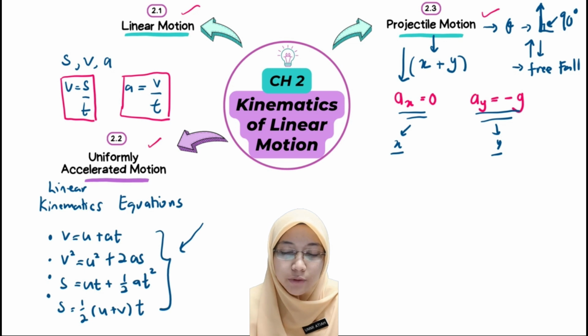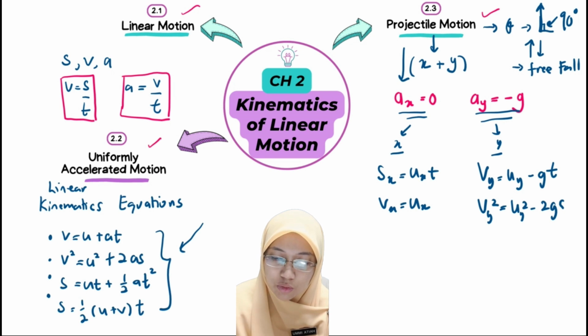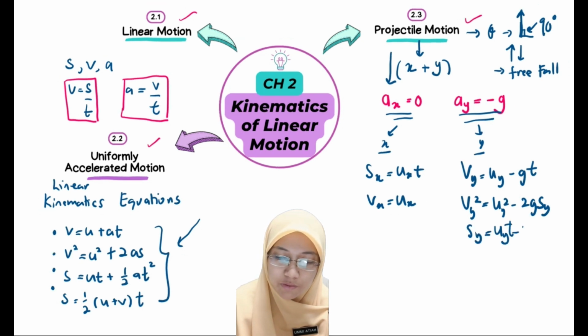For the x-axis you have only 2: x equals uxt, and vx equals ux. For the y-axis you have 3: vy equals uy minus gt, vy squared equals uy squared minus 2gsy, and sy equals uyt minus half gt squared.